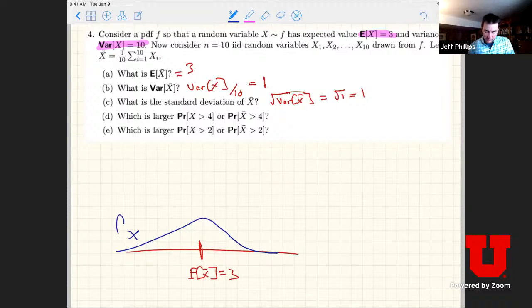This is f of x, and the standard deviation here is about square root of 10. And for x bar, it's going to be a much narrower distribution, with a standard deviation of about 1. It's going to have the same expected value, but a much narrower distribution.